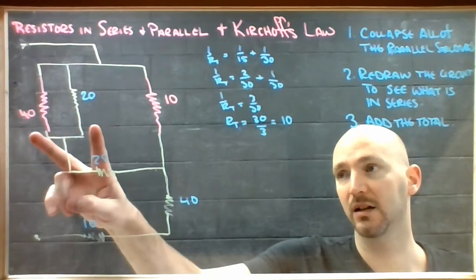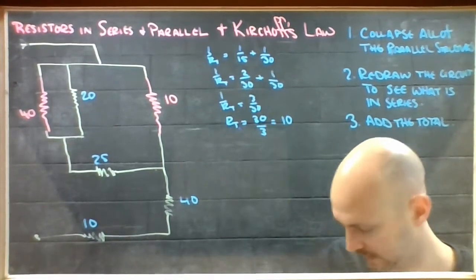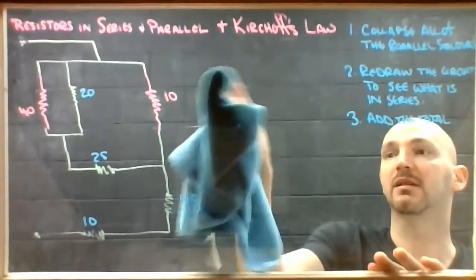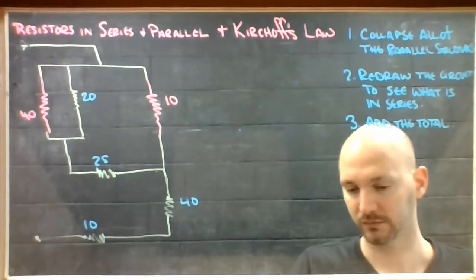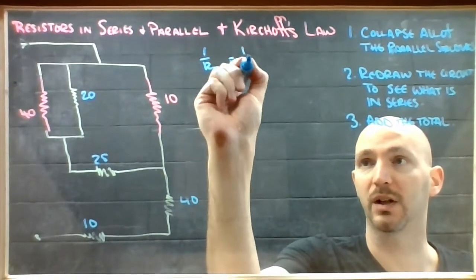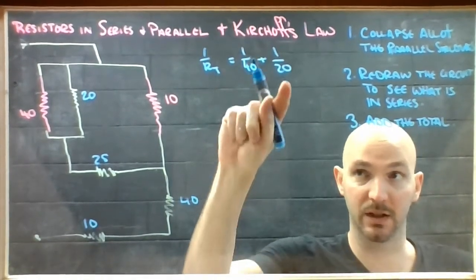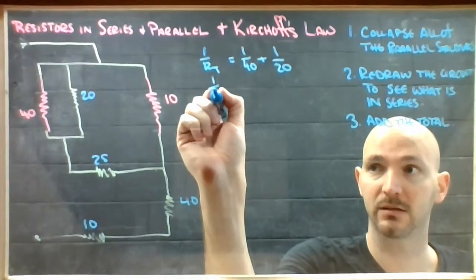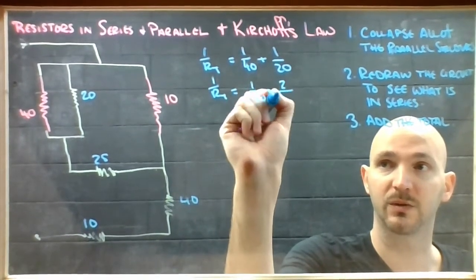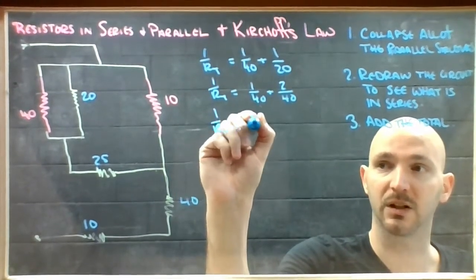Well, I see here I have a 40 and a 20 in parallel, so I'm going to do this to get rid of them. Let's make myself some space. So 1 over RT is 1 over 40 plus 1 over 20. That's another easy one. I just have to double that. 1 over 40 plus 2 over 40 will be 3 over 40.